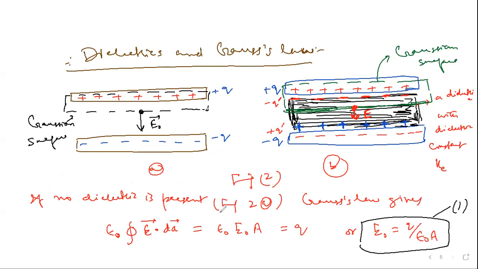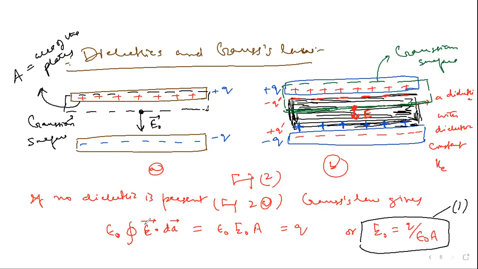What is A? A is area of the plates of the capacitor. You know that. I'm just refreshing it.